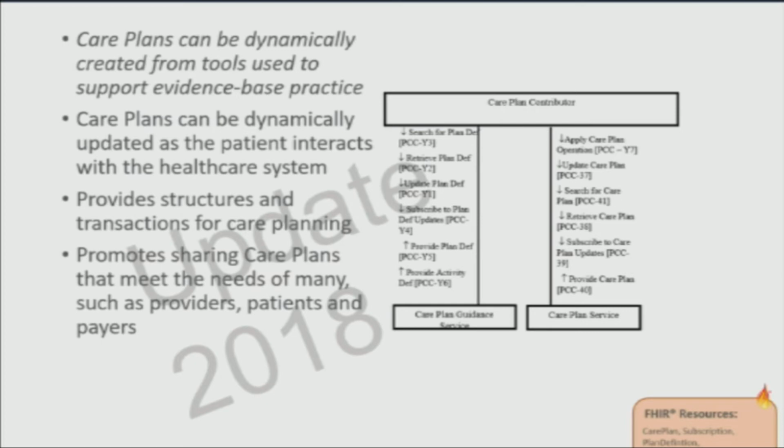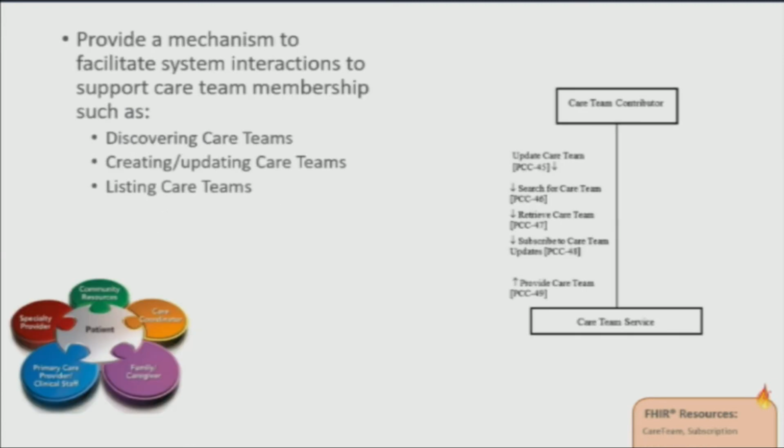But it's very much based around how do we get a care plan to deal with multiple sites, multiple organizations, multiple actors, multiple participants. Obviously, if you have a care plan, you have to have a team. So this is talking about how do you keep the team together, and how do you support the dynamics of that care team.